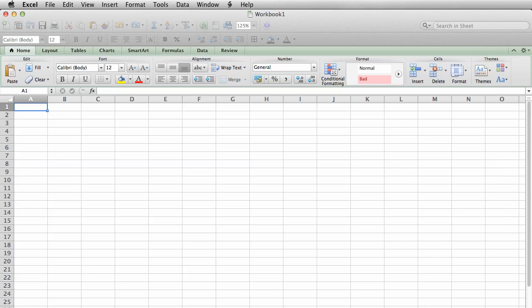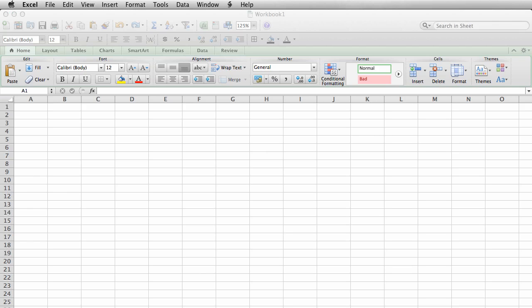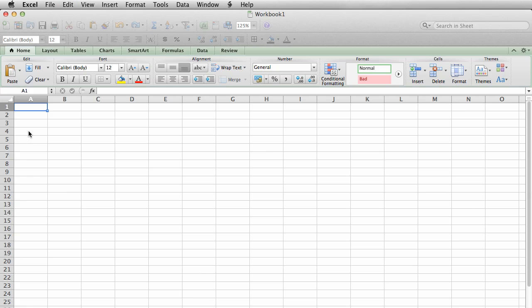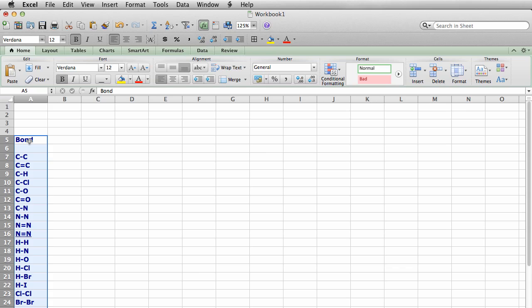So behind here, we have a blank spreadsheet, and you're going to be working with a blank spreadsheet and putting the values and so forth into that spreadsheet. Now, I might happen to know something about bond energy, and so going to a table of bond energies, I could put in some values there for some typical bonds.